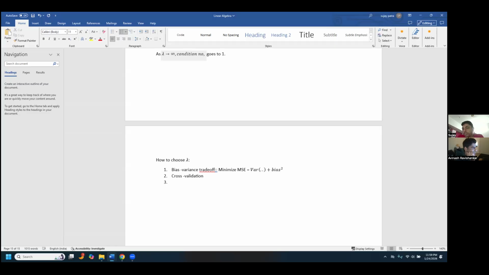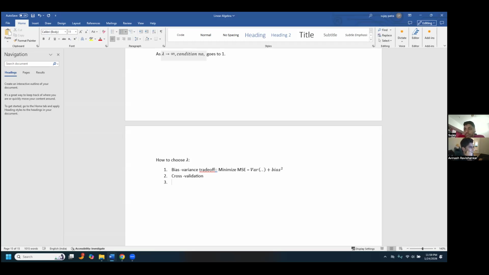This is a general methodology that people have devised so that it works no matter what your machine learning method is. So you don't have to think of a new method every time you have a new model. Got it. You just do k-fold cross validation, rotating the data, and that will tell you which lambda to choose.